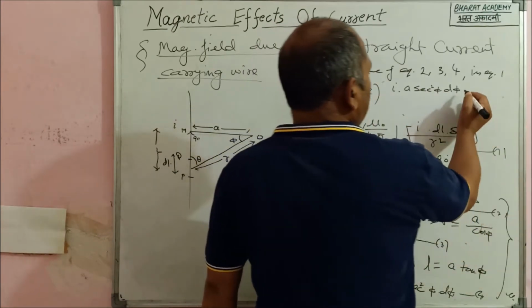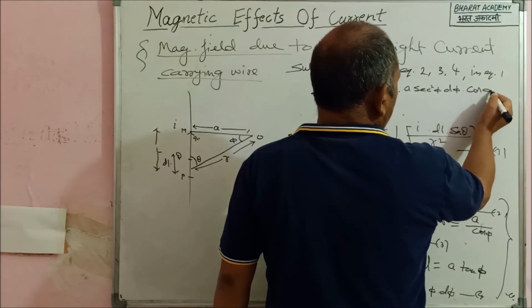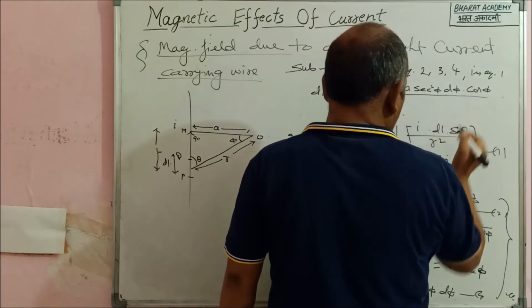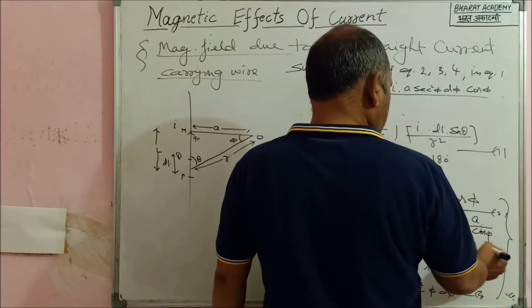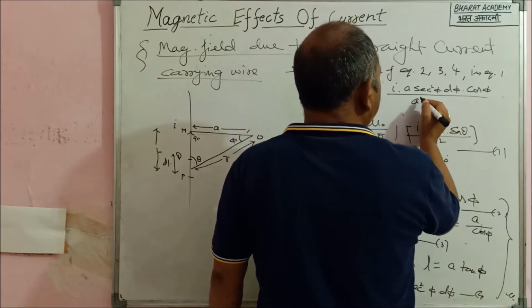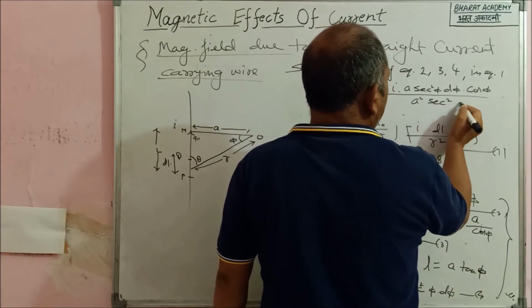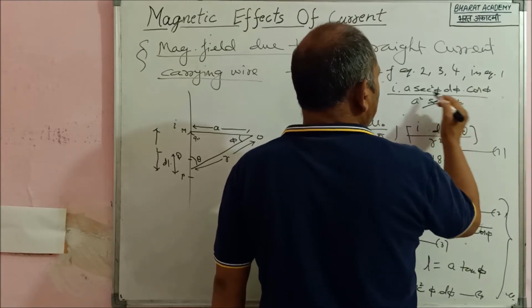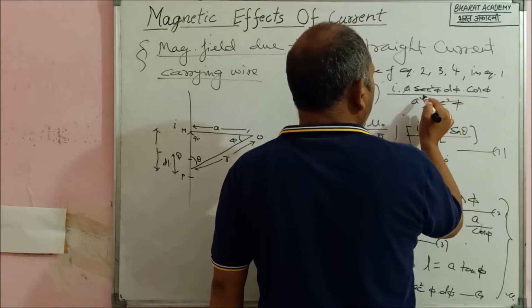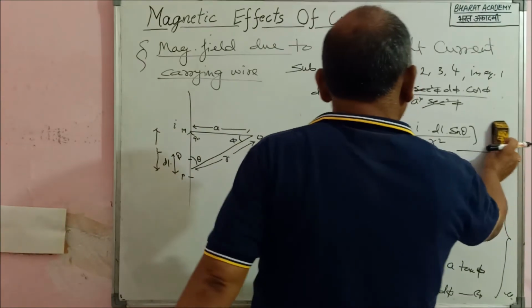In place of sin theta we have got cos phi, and in place of r square we will have A square sec square phi. Sec square phi can be cancelled, one power of A can be cancelled, then we are left with what?